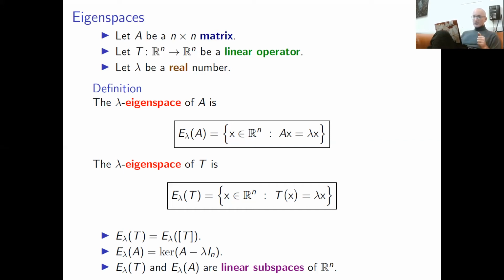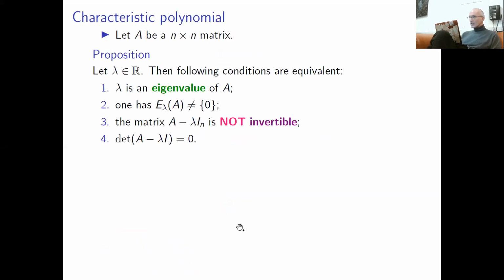Or we can put it in the contrapositive way. The lambda eigenspace is not the zero vector subspace if and only if lambda is an eigenvalue of matrix A. Okay, good. Let me state it more precisely. We fix an n times n matrix A, and then we fix a number lambda, and then the following conditions are equivalent.